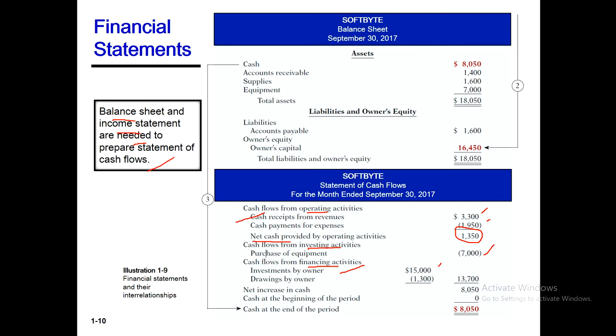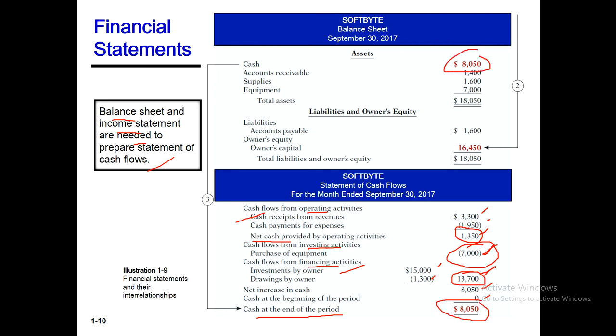This is the investment, this is the drawing, and this is the figure. After considering the 3 figures, 2 positive figures and 1 negative figure, we get the net increase in cash. Okay, and we have no beginning or opening balance, that means this figure is 0, and cash at the end of the period is this figure. So now these figures we have proved.